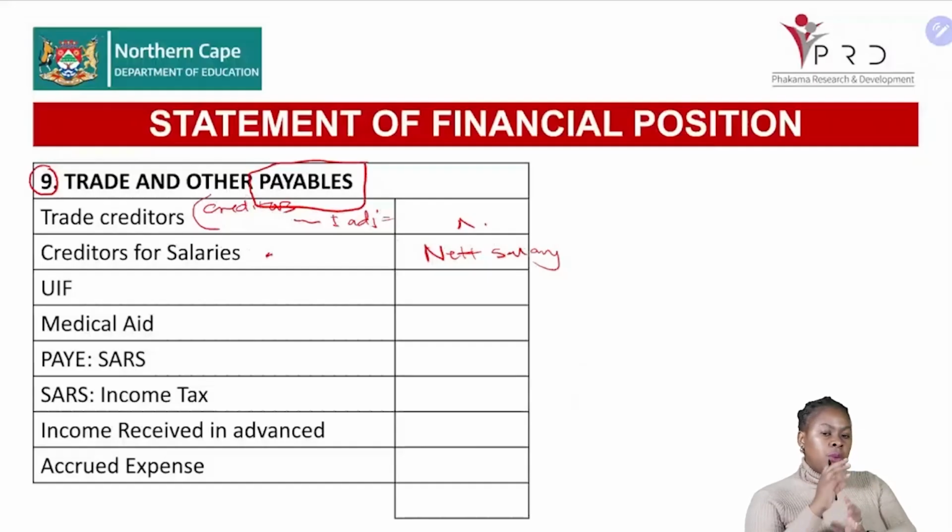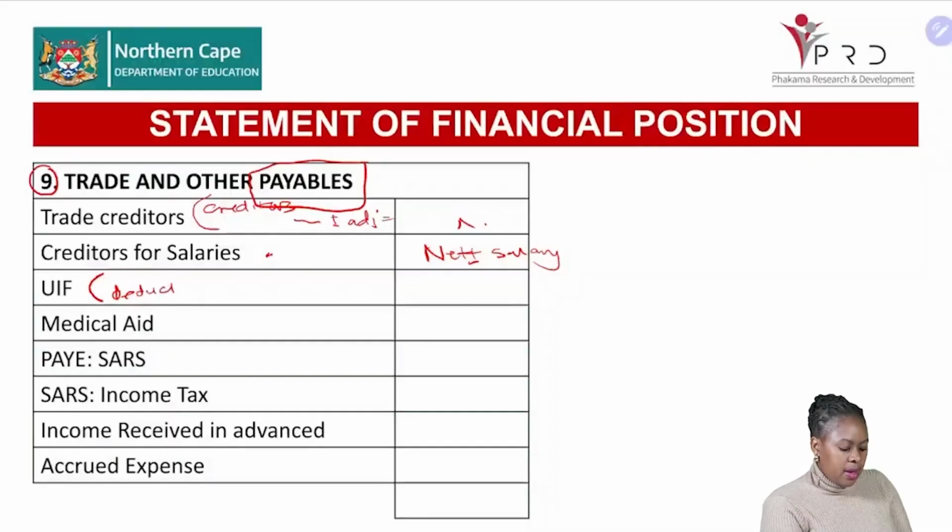Now, how do you record it in the statement of financial position in the trade and other payables? Under creditors for salaries, you will only write the net. Are we fine? And then the UIF will be the deductions of that particular employee plus what we are contributing for that particular employee, and it will give us the value that comes over there.